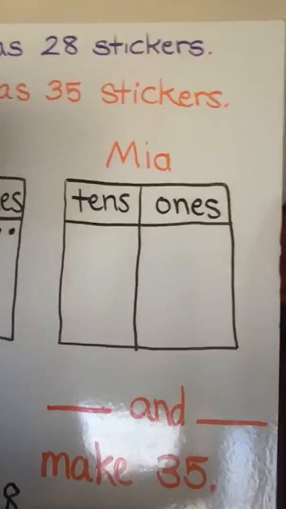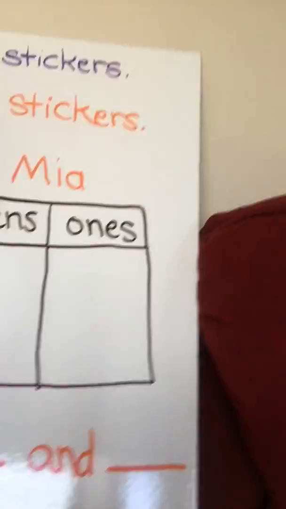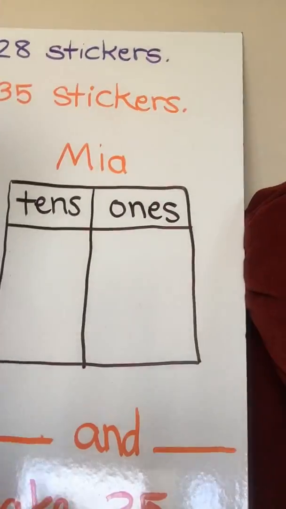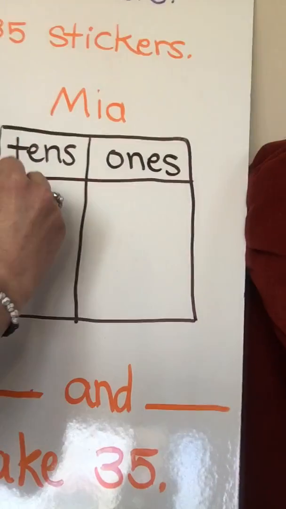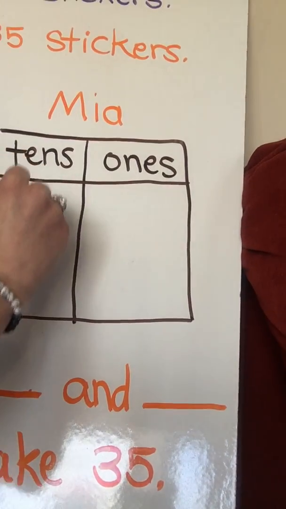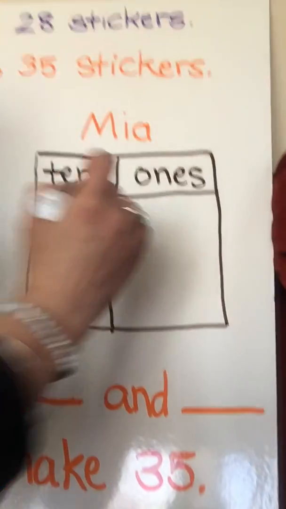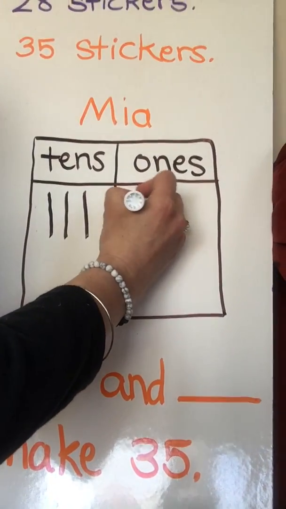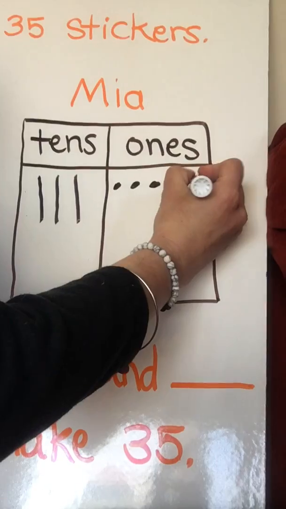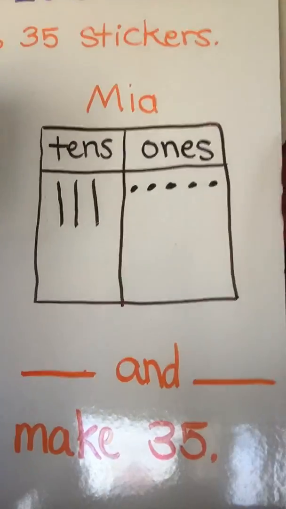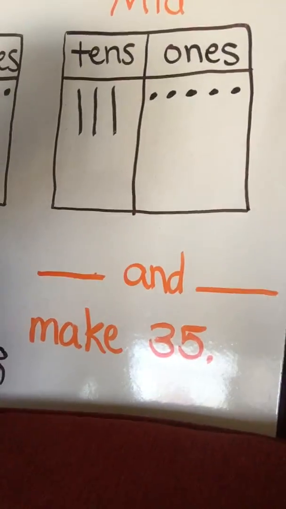So now we're going to take a look over here at our place value chart. And in the tens place, I had 3 tens. So I'm going to draw my 3 tens. And I have 5 ones. Okay, 3 tens and 5 ones.